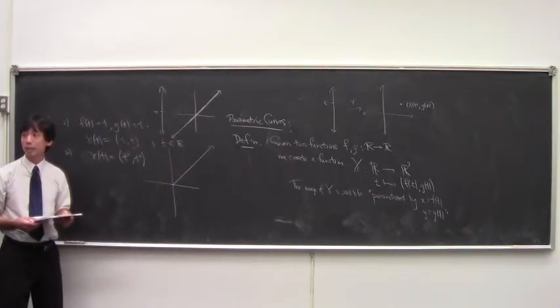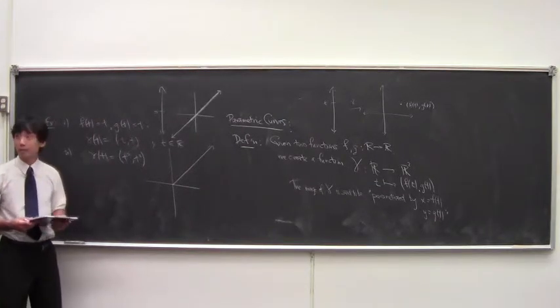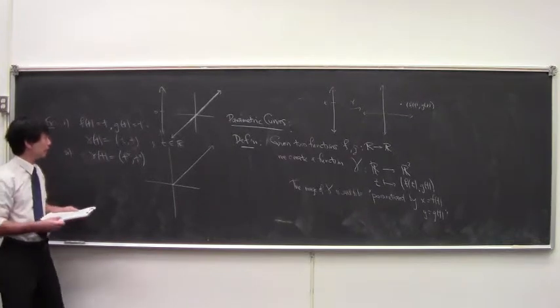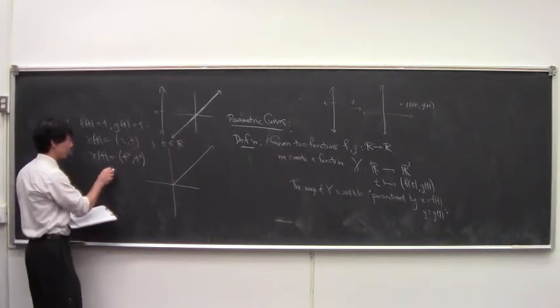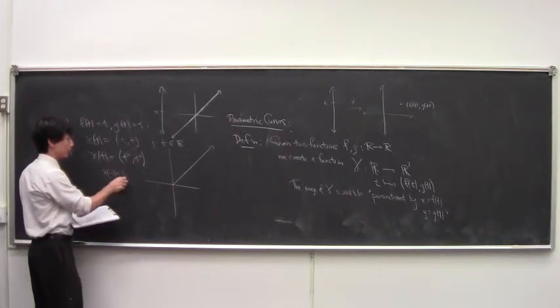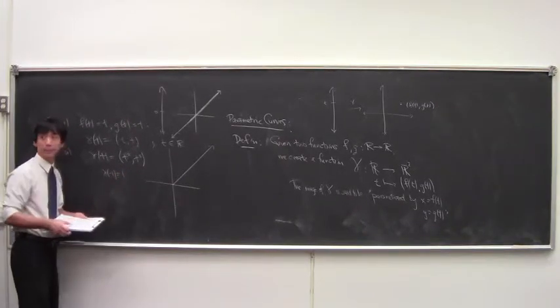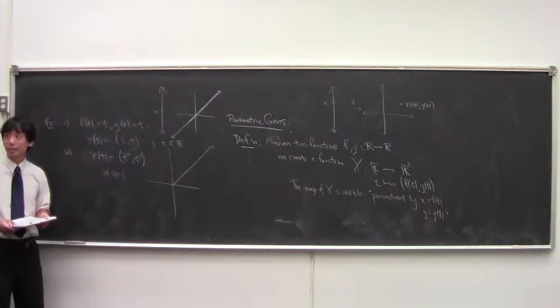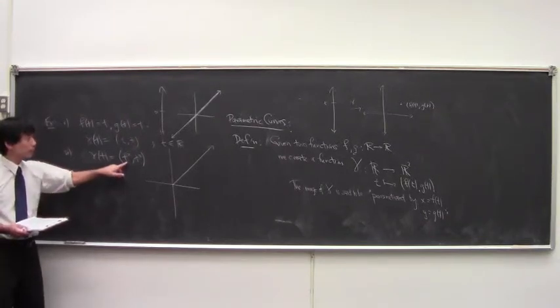Wait, how can you say that if it is gamma? Gamma of t, the x value is t squared. So gamma at -1 is going to be what? But isn't the x value -1? No, the x value is t squared, right?